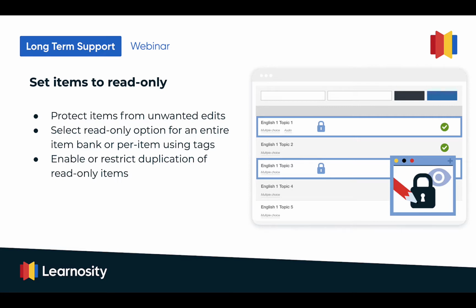And this means that authors can create their own content, but without having the ability to edit content created by others. You can also choose to enable the ability to duplicate items that have been set as read-only, so authors can make their own copies without the restriction of not being able to access them at all. Let's have a quick look at a demo of what this looks like.